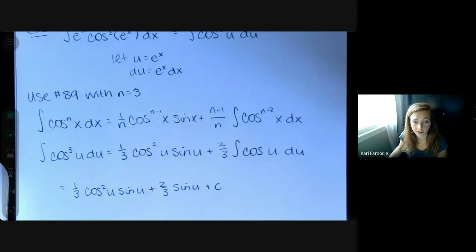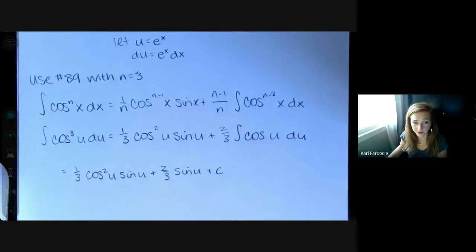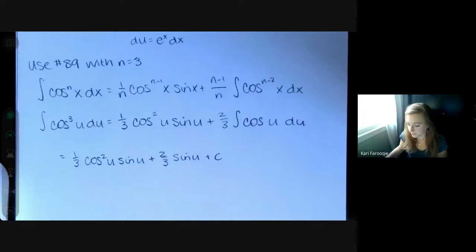And the really nice thing here is that we're almost done. We just have to back substitute. We got our integral in this form. We had cosine cubed u du, and as long as we have that, now we can just go through and substitute e to the x back in for u.